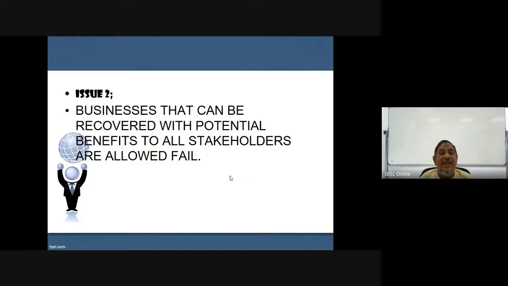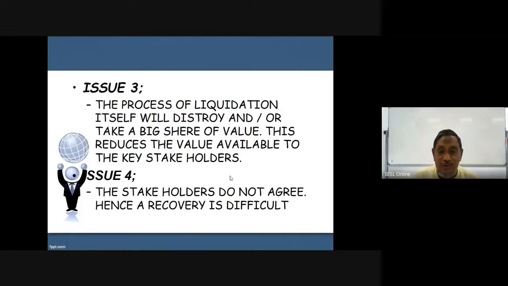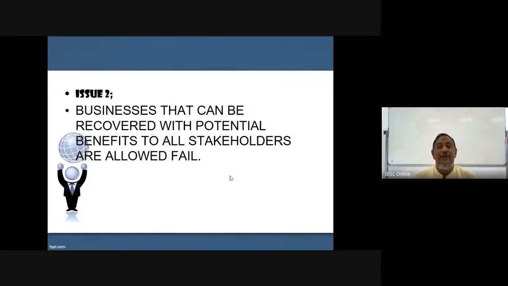Second one, businesses that can be recovered with potential benefits, and all stakeholders are allowed to fail. Now, who are the stakeholders of the business? Not only the particular owners, shareholders, the banks, the government, customers, consumers, creditors, debtors, suppliers, local authorities, society, employees, employee families.